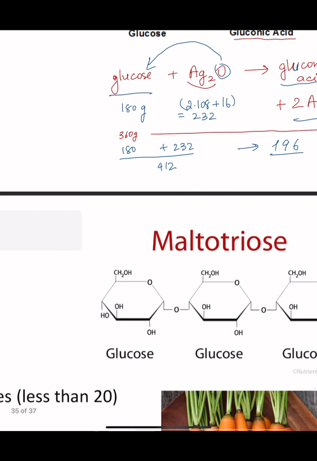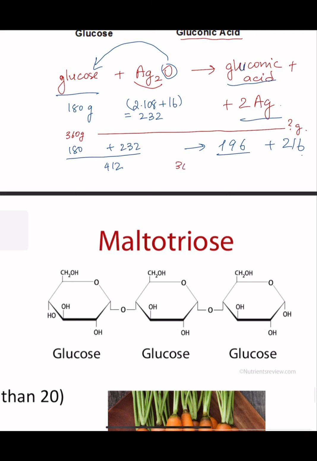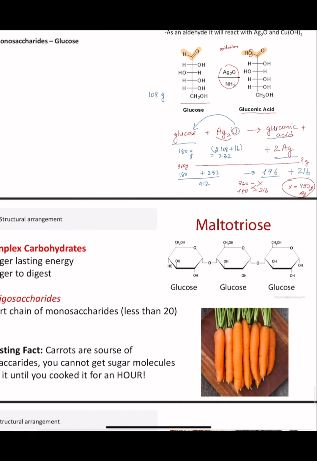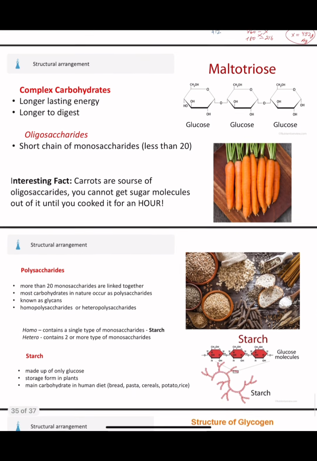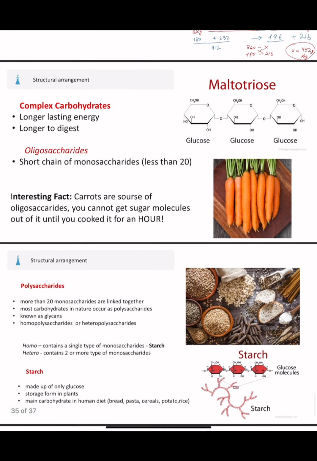So you're gonna do 360 gives you X, 180 gives you 216 grams of silver, and you do your cross multiplication, and you would get that your X would be 432 grams of silver. And that is that.